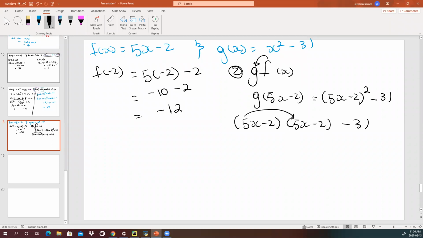Multiplying, we have 25x squared minus 10x minus 10x and then negative 2 times negative 2 is positive 4 minus 31.